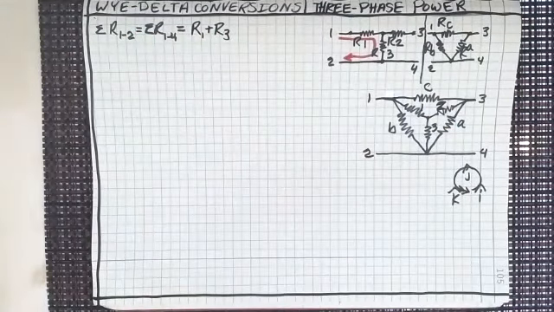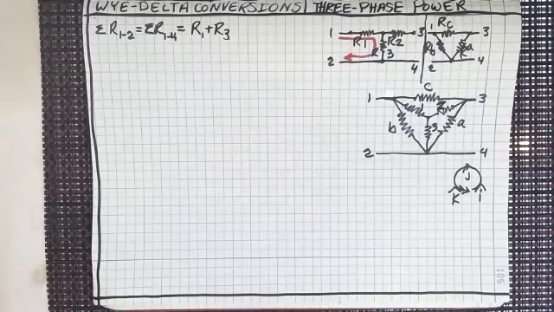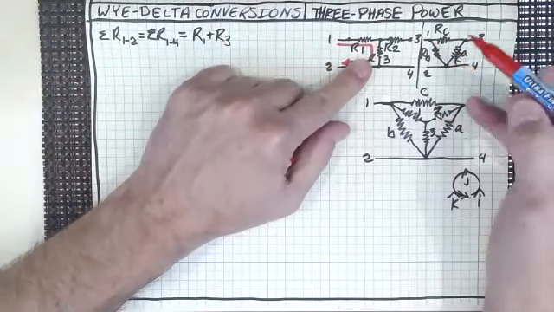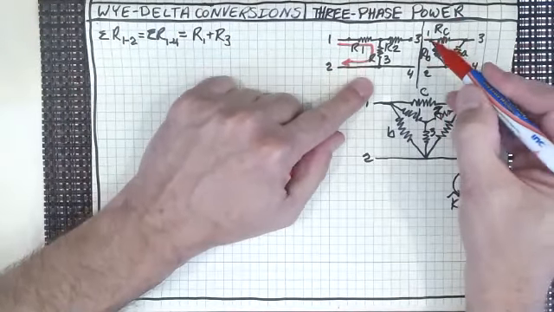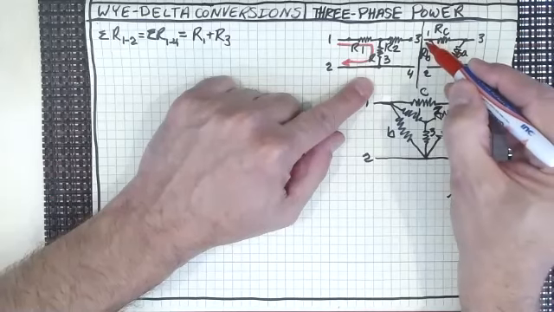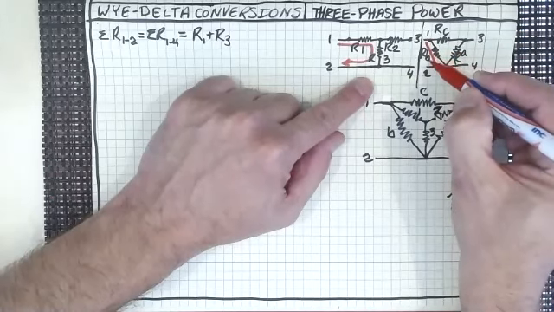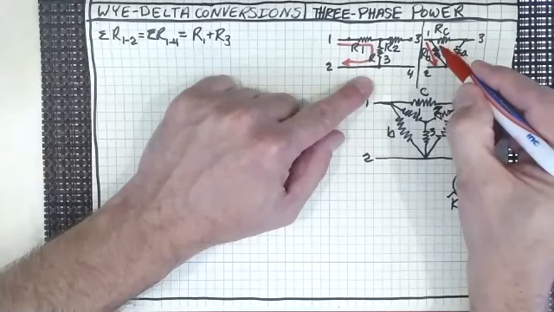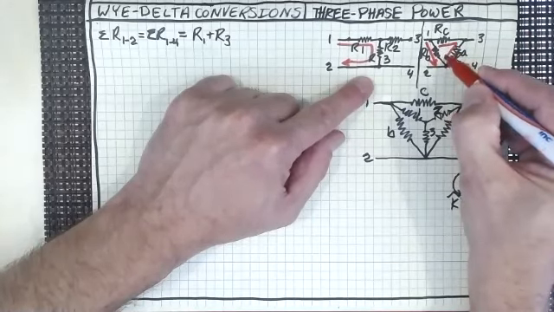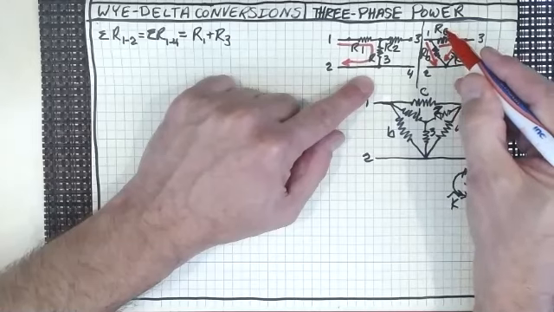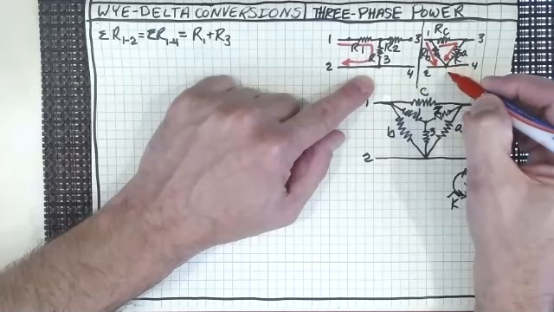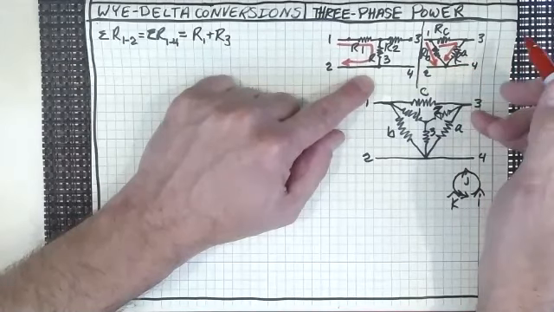Does everybody see that? Now, what would I have to do if I was looking at the connection over here? Now, there's 2 different pathways from 1 to 2, isn't there? There's this pathway here, that's R sub B, but then there's another pathway that goes through the series of R sub A and R sub C on the pathway down to 2 or 4.